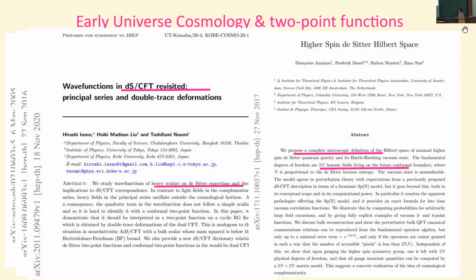They say there are some terms you can neglect for the light scalars, but you cannot for the heavy scalars. The effect of these terms is what gives the correction to what the partition function might be. And they comment on this in terms of double trace deformations.